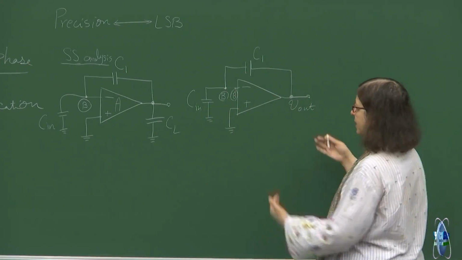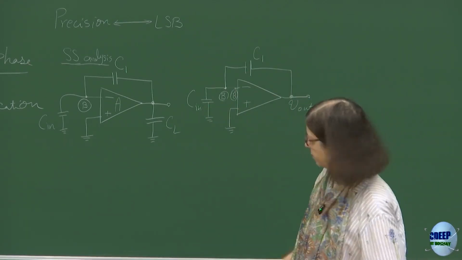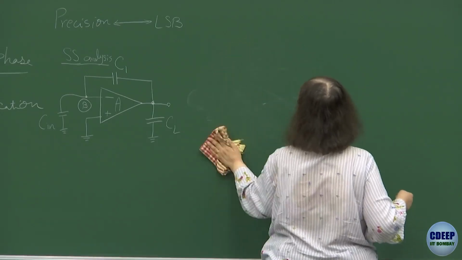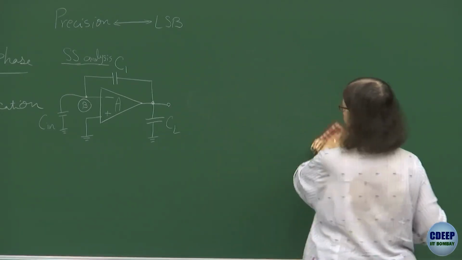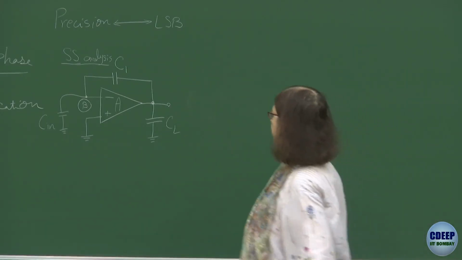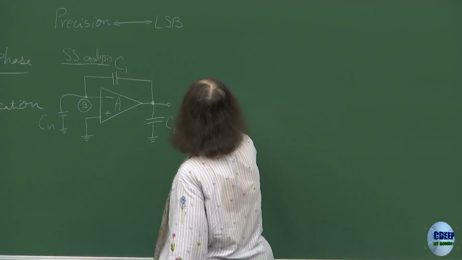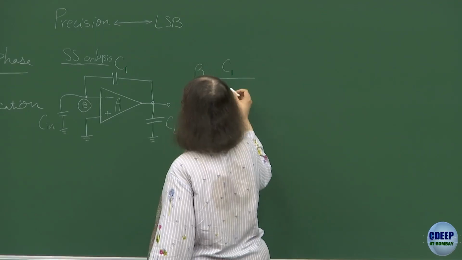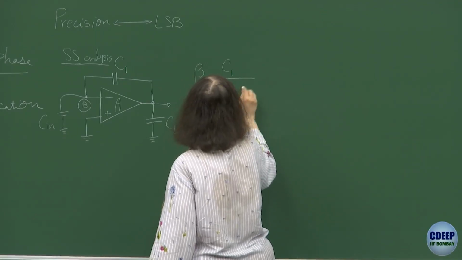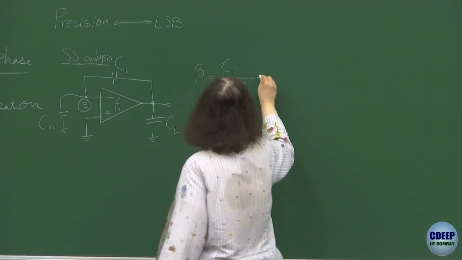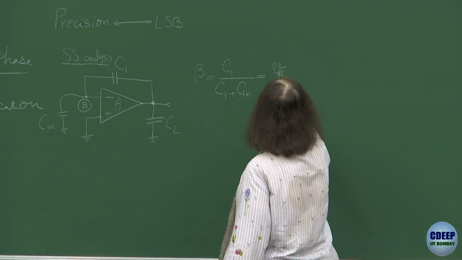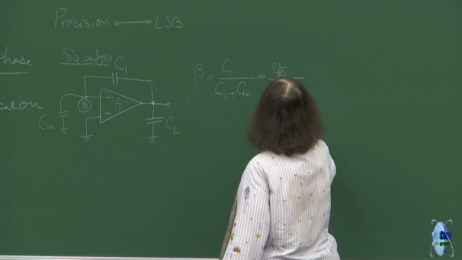So, going back to the same circuit, it can be considered as a feedback circuit. So what is the feedback factor? It is C1 upon C1 plus C, which is eventually VB upon Vout.